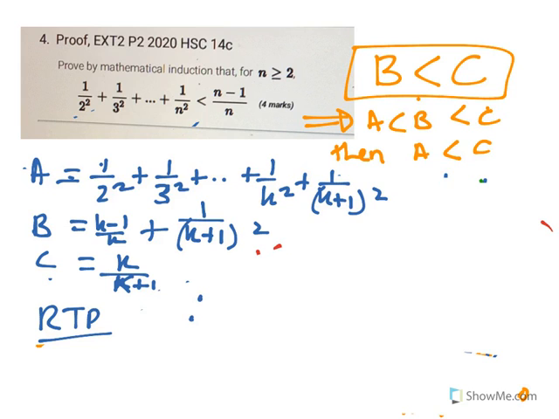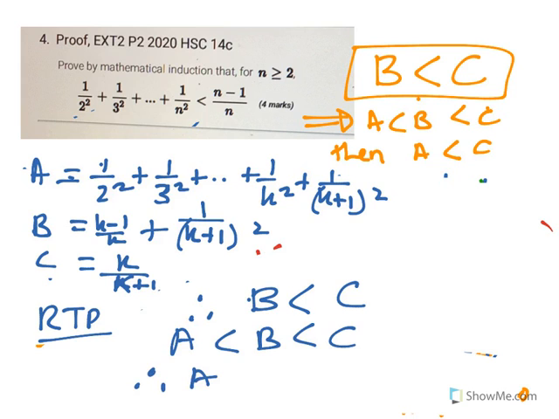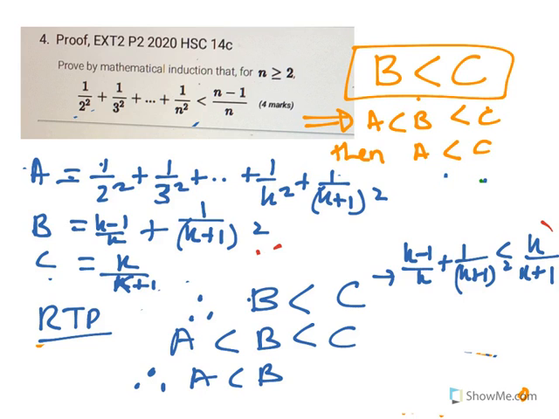So therefore, because that's true, b is less than c, but a is less than b, which is less than c. Therefore, a would be less than c. Okay, so b is less than c. That's k minus 1 on k plus 1 on k plus 1 squared is less than k on k plus 1. And a is less than b, which is less than c.